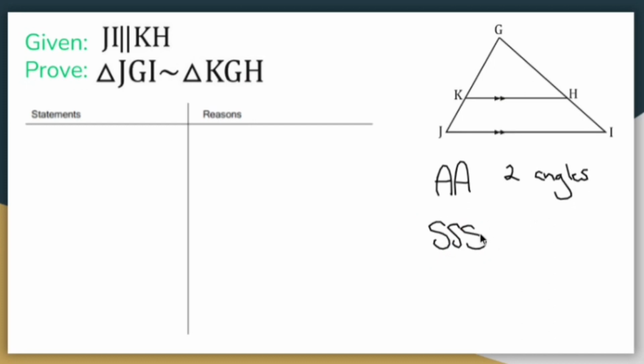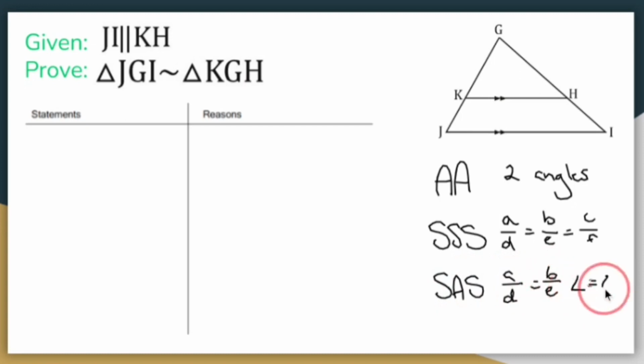So if I have a triangle with sides A, B, and C, and if I could show that the ratio is congruent to sides D, E, and F, then I have myself SSS. The third one is SAS. If I could show that two sides are proportional, and two angles are congruent, then I'm good.